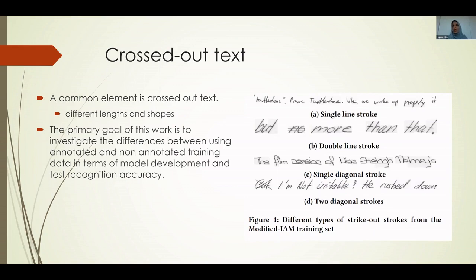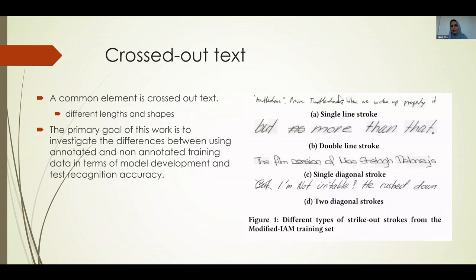Length means one word can be crossed out, or two words, or even a part of a word can be crossed. And shape means what kind of stroke is used to cross out the text. It's a single line, a double line, or a diagonal line, or you can't even name it.